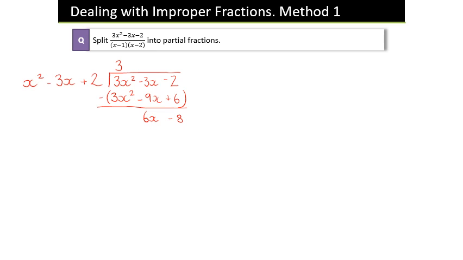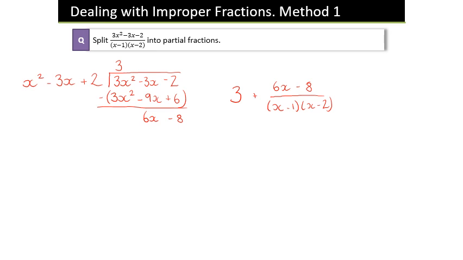So first of all, just rewriting this as my mixed fraction. It's going to be 3 whole ones, and then my remainder is going to be 6x minus 8, which I'm going to write over x squared minus 3x add 2, but I'm going to write that back into the factorised form. So I've dealt with the fact that it's top heavy. I now need to write this second part, this fraction part here, as partial fractions.